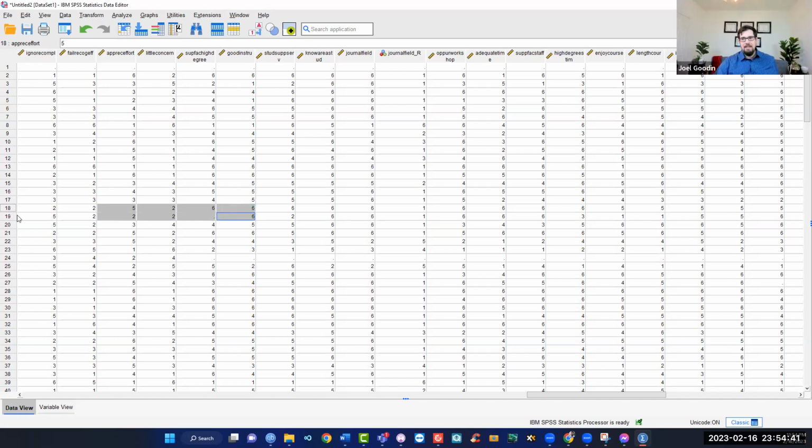This person is not necessarily lower on tenacity, except that they do have a 2 instead of a 5. So they probably are, but it's going to look a lot lower if we divide this when we're computing the variable, tenacity based off of these 4 items.